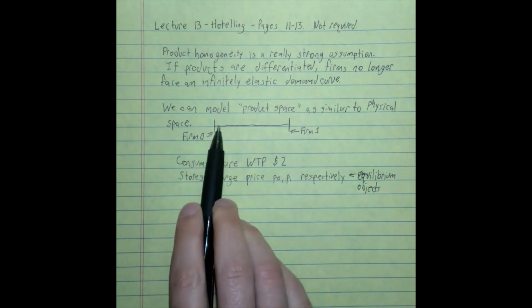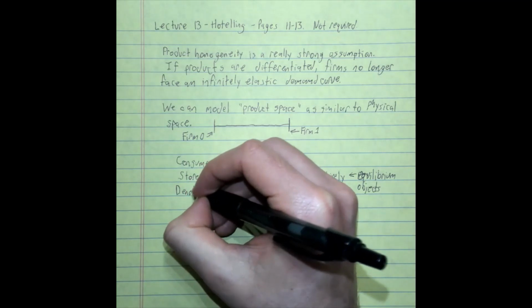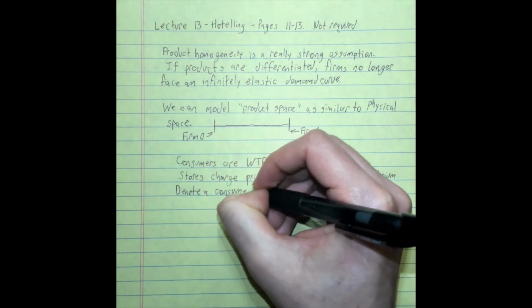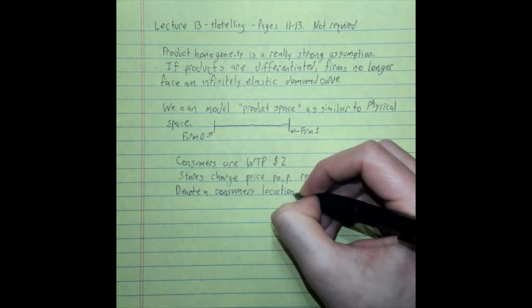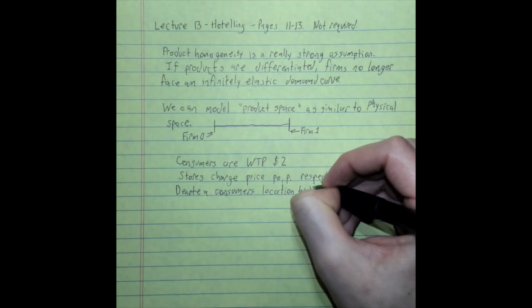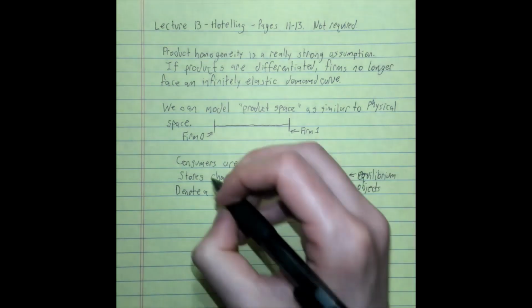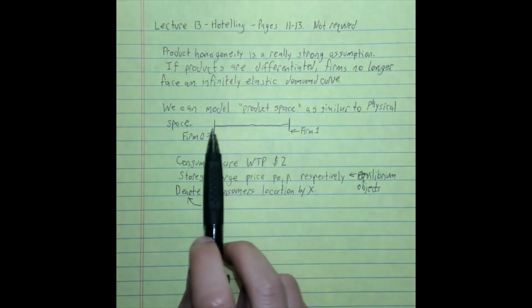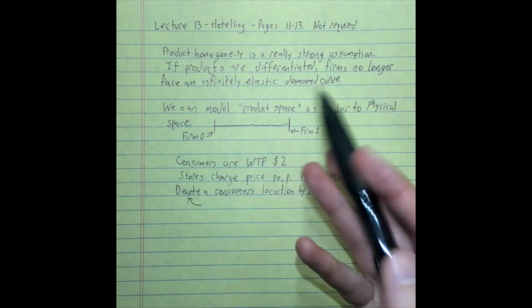We're going to denote a consumer's location by X. And we're going to assume, just to make life easy, that consumers are uniformly distributed across the city.